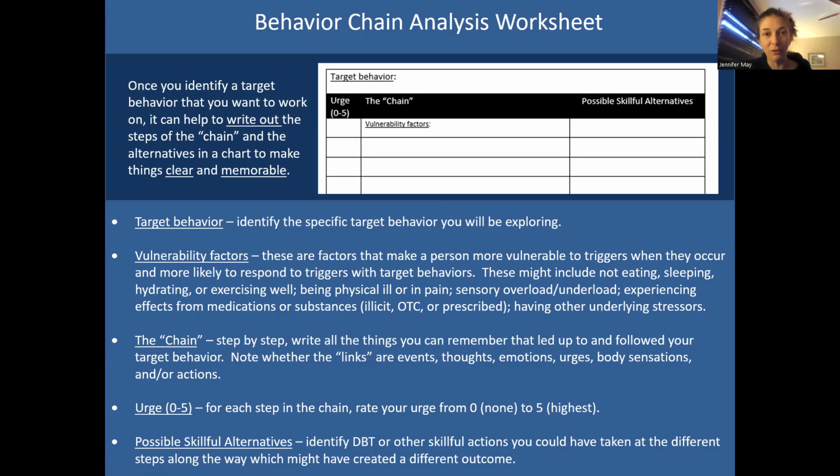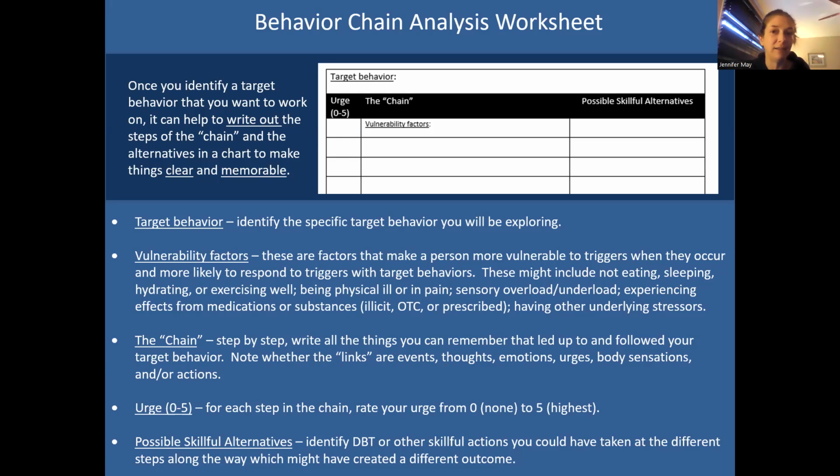If you're physically ill, or you have chronic pain, or if you have sensory overload or underload, like if there's too much noise and chaos around you, that could be triggering and make you more vulnerable. Or if it's too quiet and too boring and too low stimulation, that could be a problem.